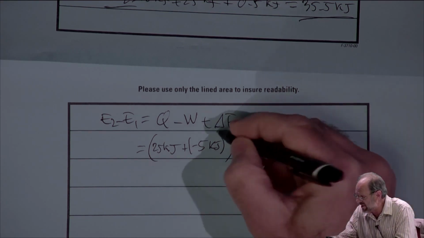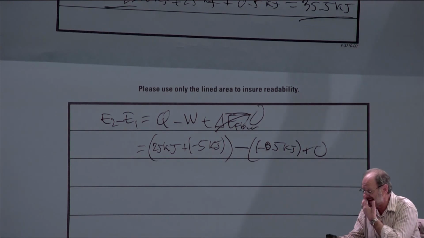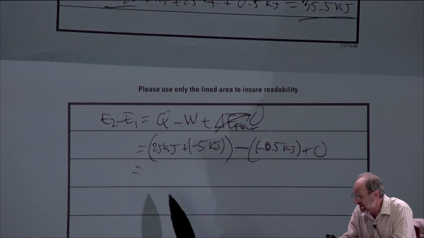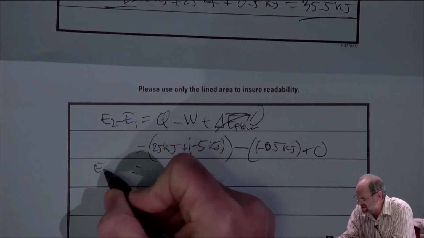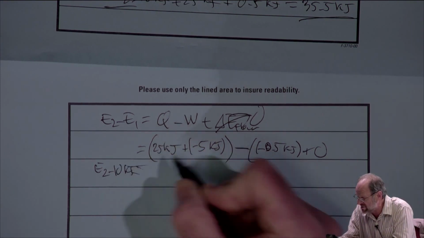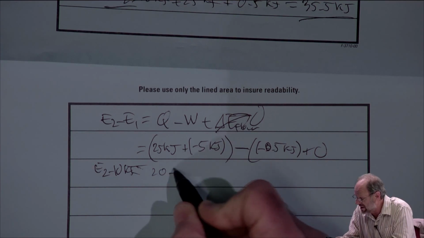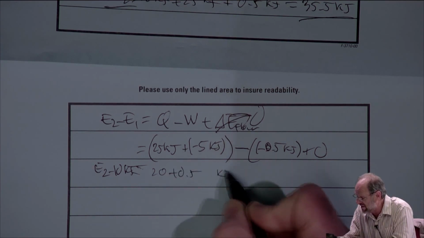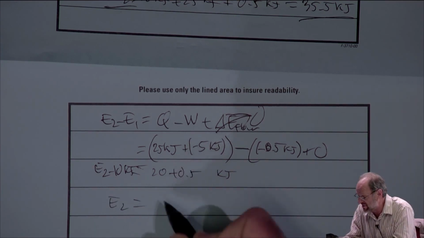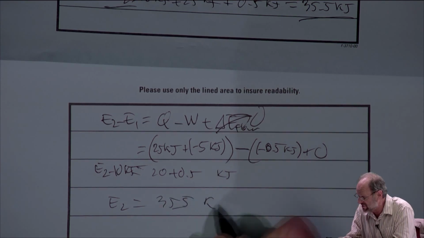And then there is no energy that flows, so just plus 0 again. So you get exactly the same thing. You have E2 minus 10 kilojoules equals, and then what would this be? This would be 20 plus a 0.5, and therefore E2 is still going to be 35.5 kilojoules.